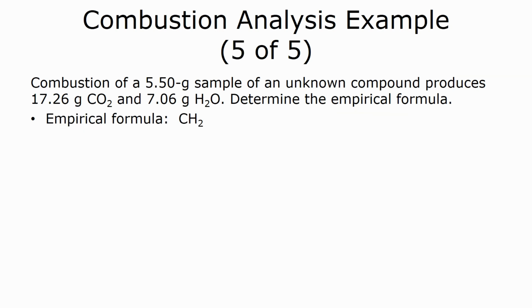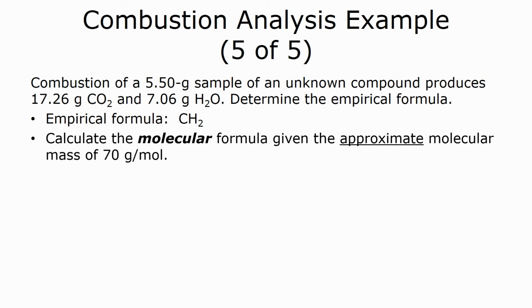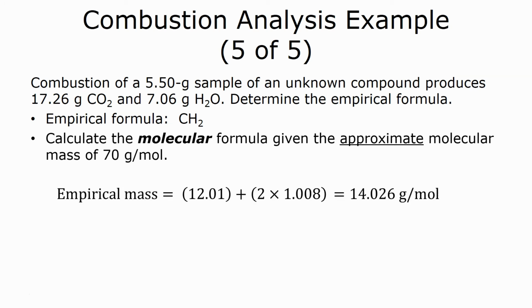Now, if we're given more information about our unknown compound, for instance, if we're told that its molecular mass is 70 grams per mole, we compare this to the empirical mass of our compound. So we take 1 carbon and 2 hydrogens, and we determine that the empirical mass is only 14.026 grams per mole. This is much less than the molecular mass.